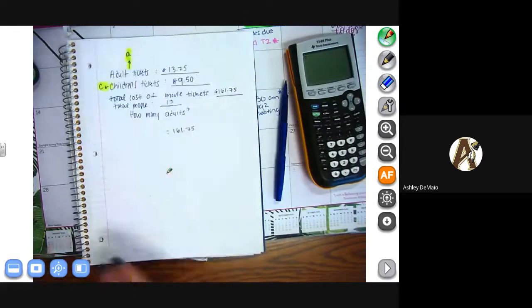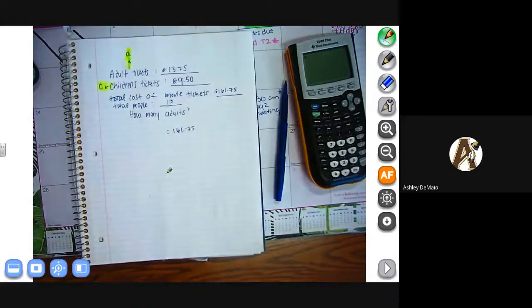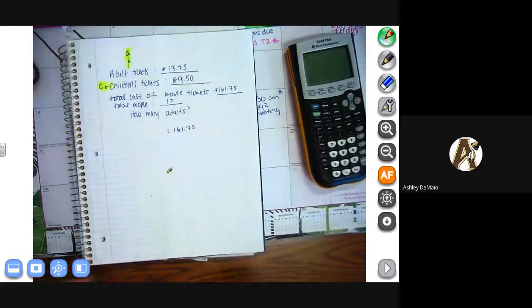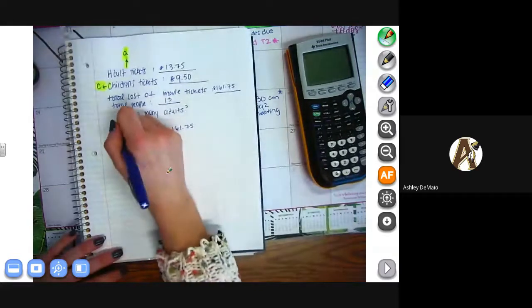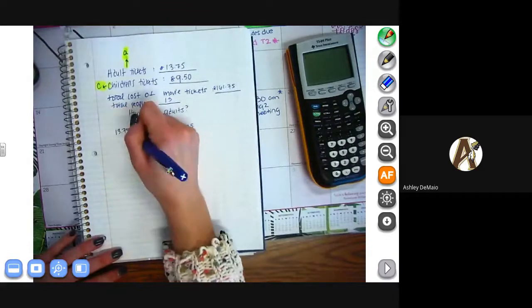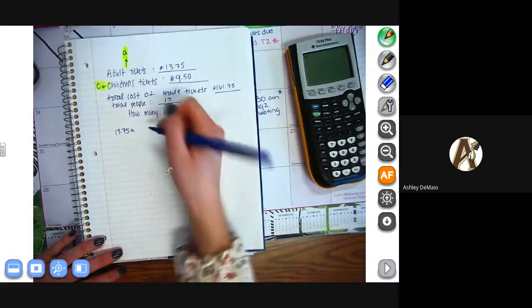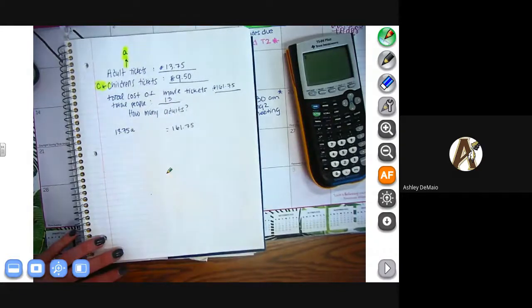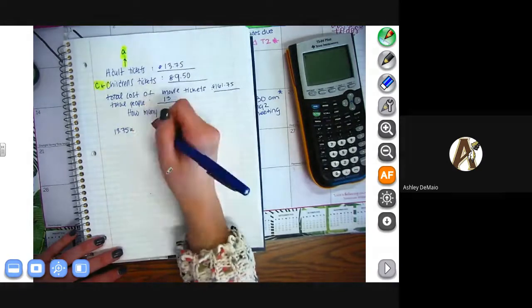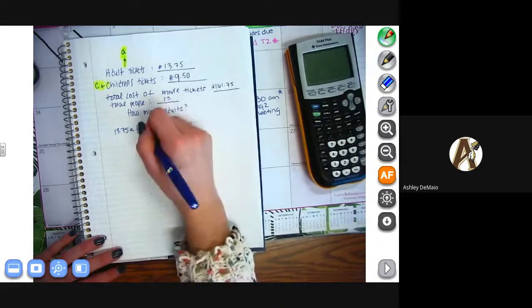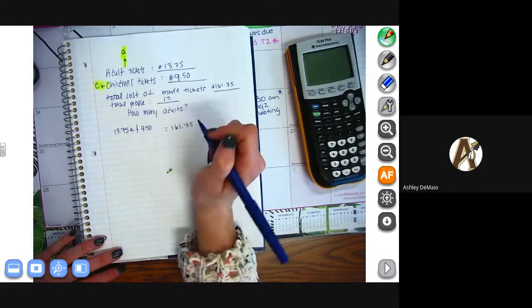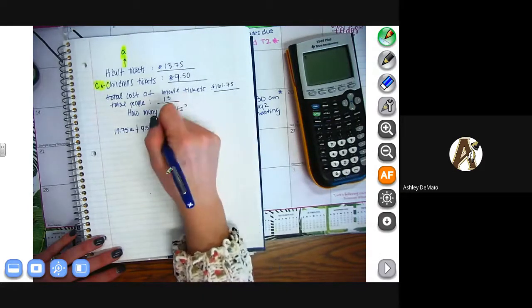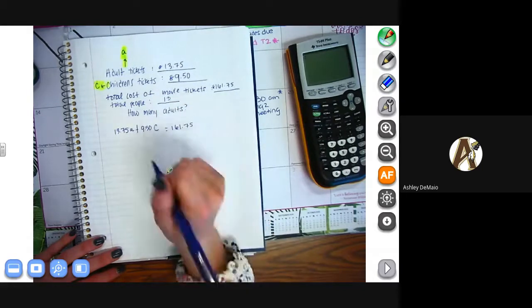So if adult tickets are represented by A, they cost $13.75 times A, plus $9.50 times C, the number of children's tickets, to create our equation.